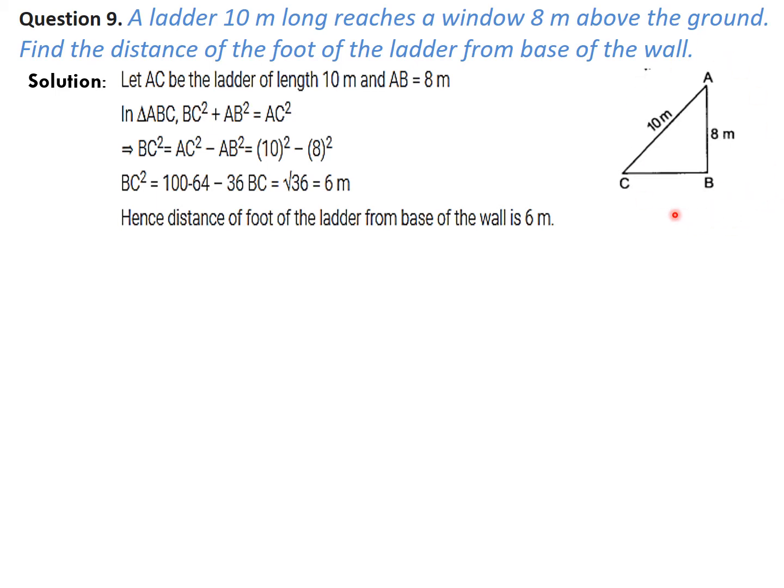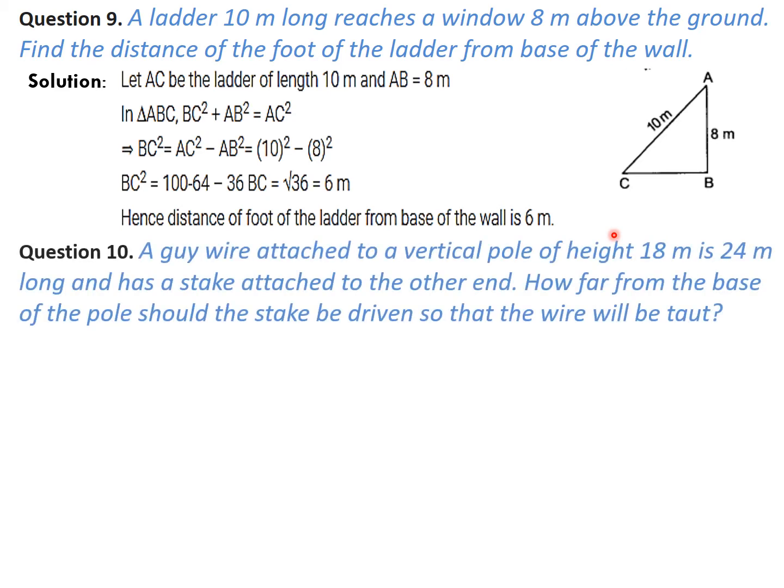Since ABC is a right angle triangle, we can write AC square equals AB square plus BC square. Put the values and calculate, and we'll get the value of BC as 6 meter. Hence the distance of the foot of the ladder from the base of the wall is 6 meter.